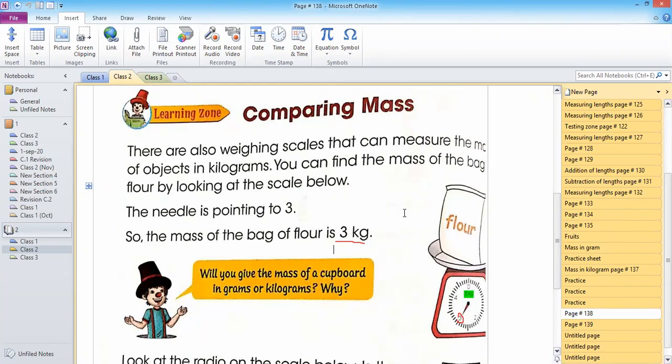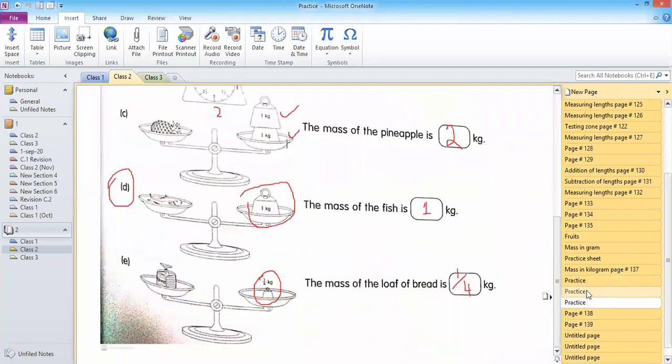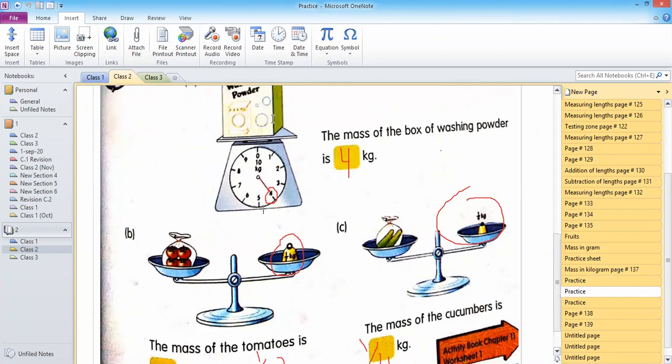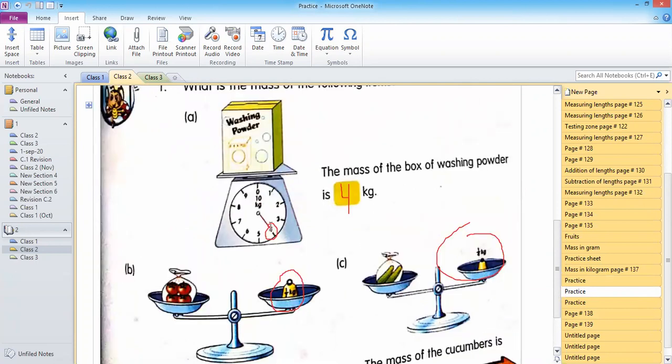One weight scale like this, where you put the object which you have to weigh on one side, and on the other side you put the weight and you check how much weight that is. And another one is this weight balance, where you check the needle and then you will be able to say how much mass a particular object or thing is. Like this washing powder mass is 4 kg.